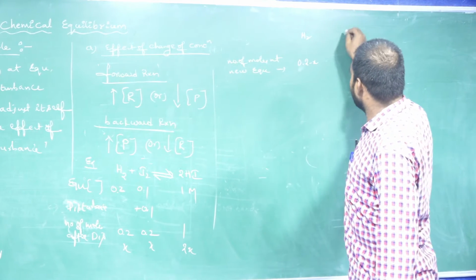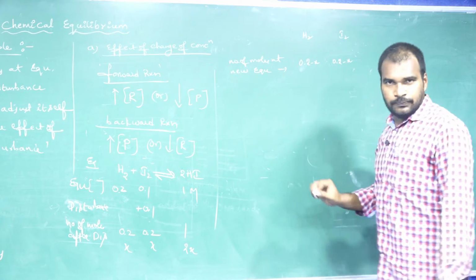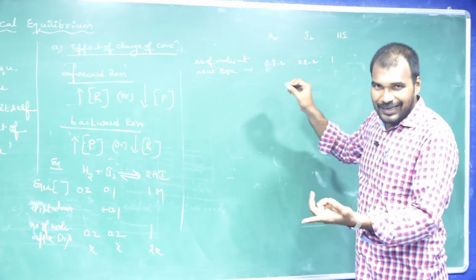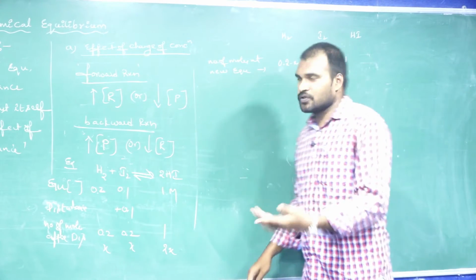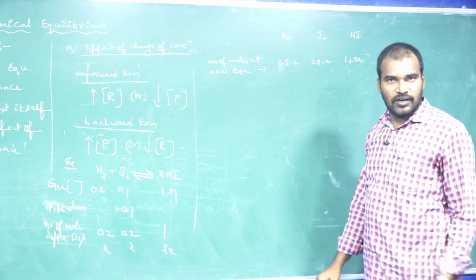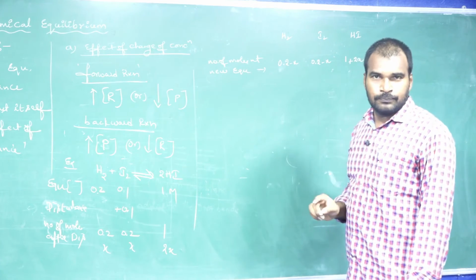This is hydrogen, and iodine also 0.2 minus x, and HI will be 1 already there. To this 1 molar, this 2x moles are additional, so that is 1 plus 2x. This is the number of moles at new equilibrium.